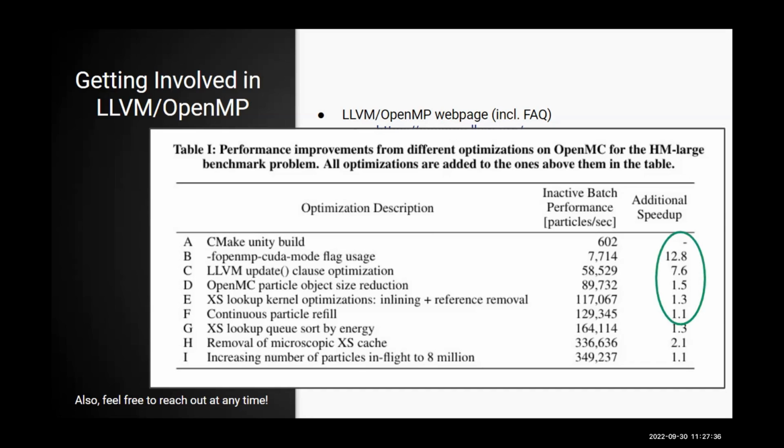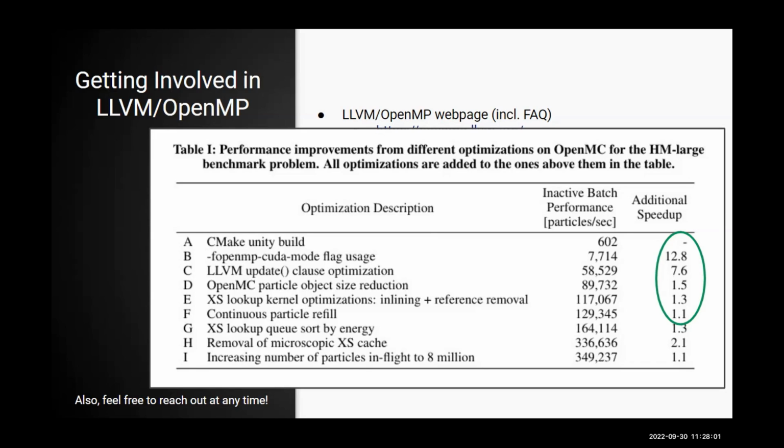Those numbers in the circle are optimizations they got by working with the OpenMP community and changing either their code or identifying problems in the LLVM OpenMP implementation. And once we fixed all of those, we got quite a nice speedup overall.